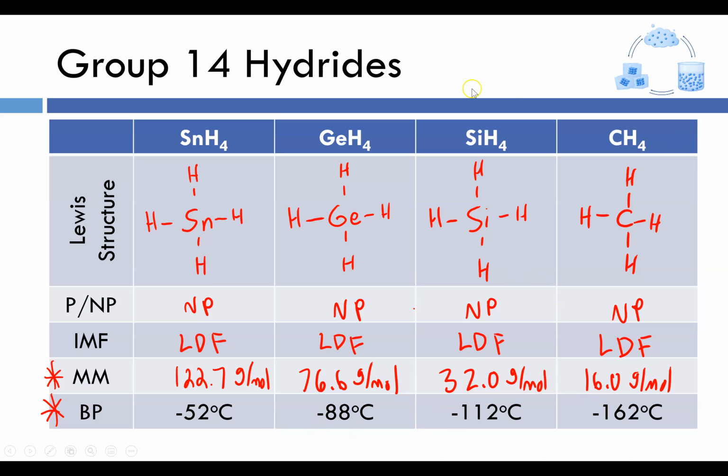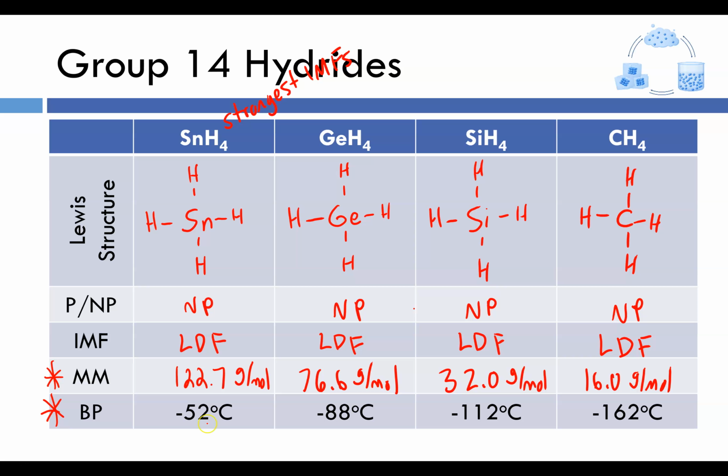So out of this group of four, which of these must have the strongest intermolecular forces? You might be thinking, well, wait, aren't they all LDFs? Yes, they are all London dispersion forces, but based on the boiling point, which molecule has the strongest London dispersion forces? Yeah, it's going to be tin tetrahydride.